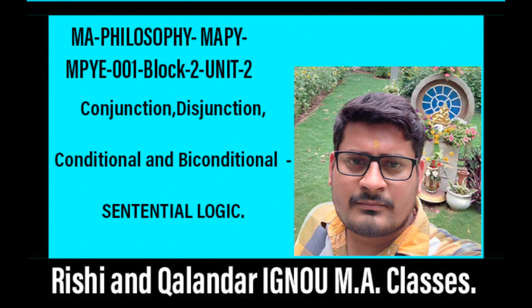We can therefore write P v Q and define it as table number 3. P Q, P v Q: 111, 101, 011, 000.